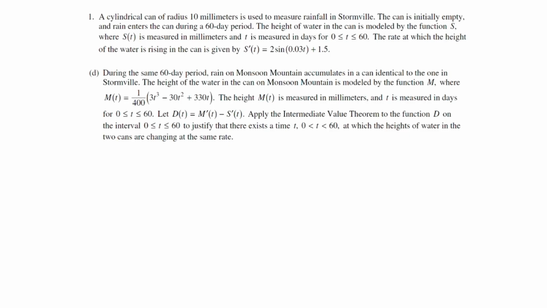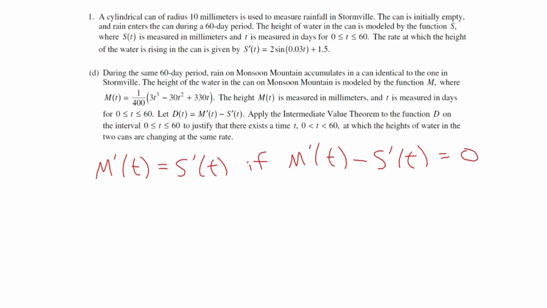Well, if the heights of the cans are changing at the same rate, that means, right, that m prime is equal to s prime, or in other words, m prime minus s prime is equal to 0. So we'll say m prime of t equals s prime of t if m prime of t minus s prime of t is equal to 0, right?